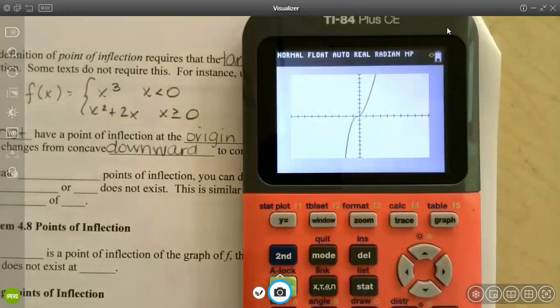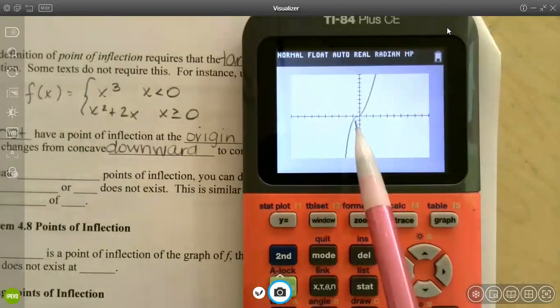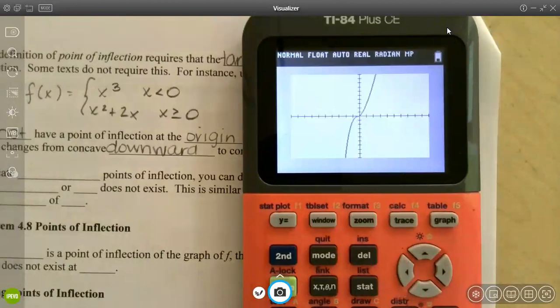You can't really see it up here, but one half of it is blue and one half is red, so you'll know which one is which. Does that make sense? Everybody see that? So then you can see that our point of inflection is at 0 because it has that little hump right there and then goes back up.